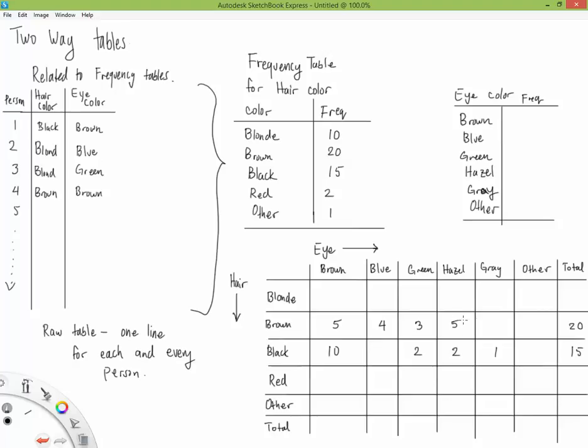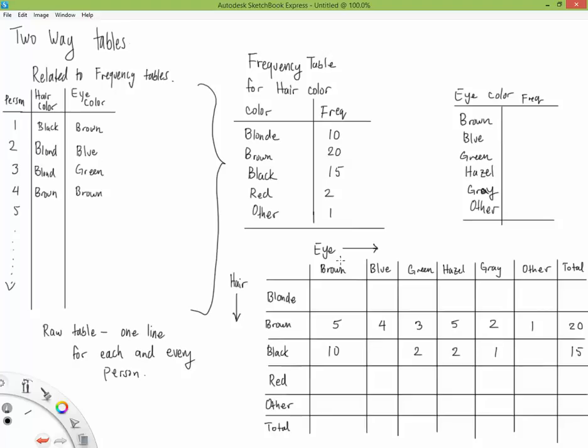Then 5, 2, 1. I'm just making up numbers to add up to 20. After I fill out all of these numbers, yes, but it would be difficult to put numbers here. After we finish, we can do it. You're absolutely right.